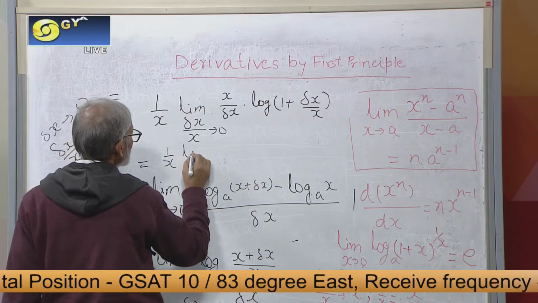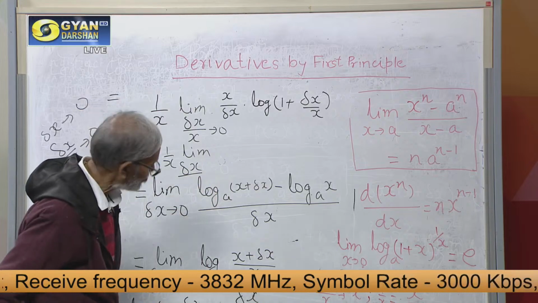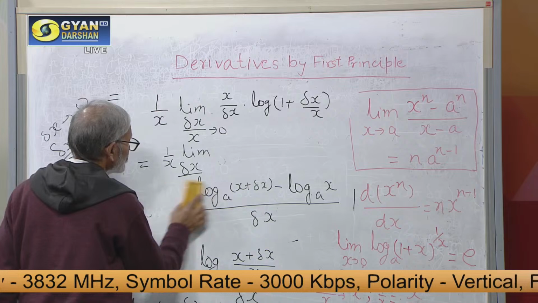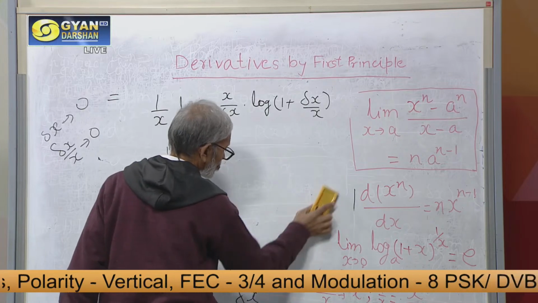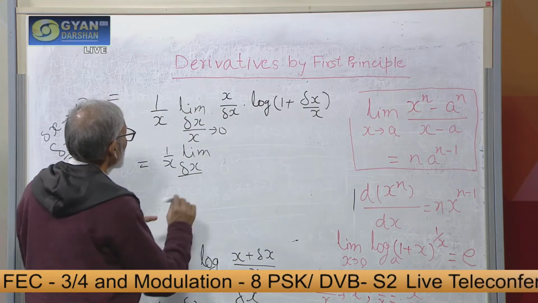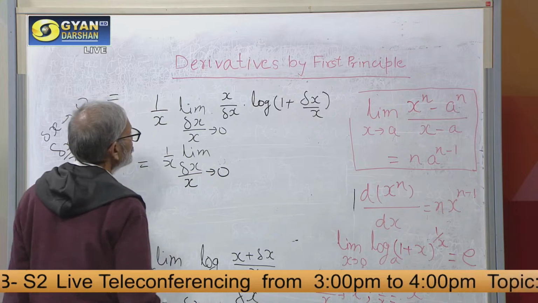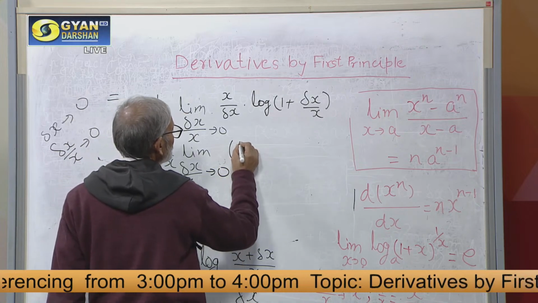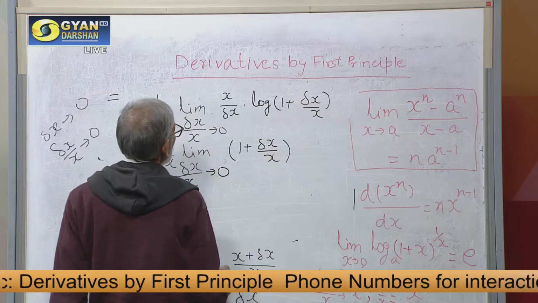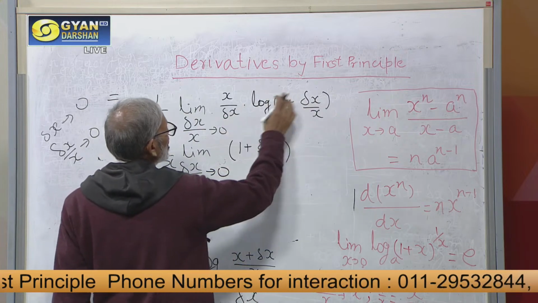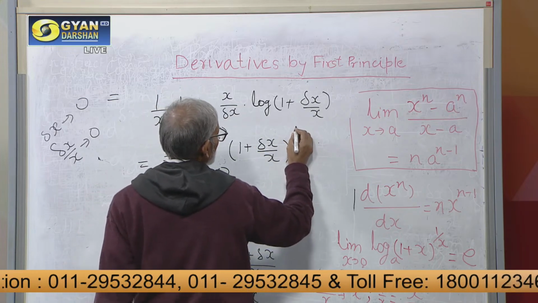This is equal to 1 by x limit delta x upon x tends to 0, and this will become 1 plus delta x upon x, and here this multiplication will come as power x upon delta x, isn't it?